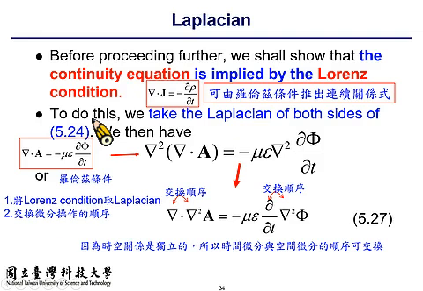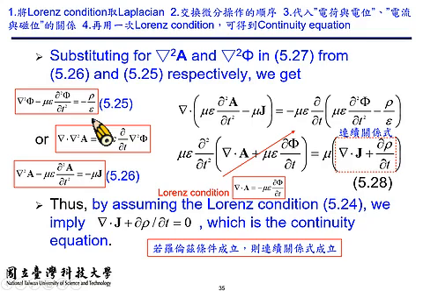And as I already mentioned on Tuesday, because time and space are independent, the order of the time derivative and spatial derivative can be swapped. So we first take the Laplacian of the Lorentz condition, we change the order of differential operation. Next, we substitute charge and potential, current and magnetic potential. And then we use the Lorentz condition again to get the so-called continuity equation.